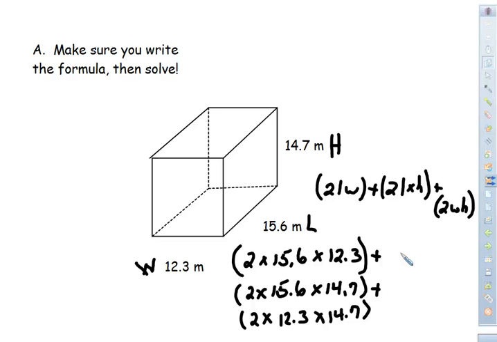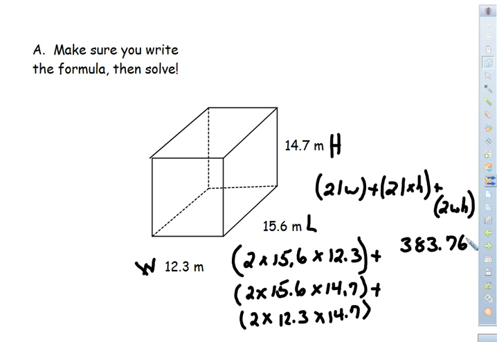So 2 times 15.6 times 12.3 equals 383.76.